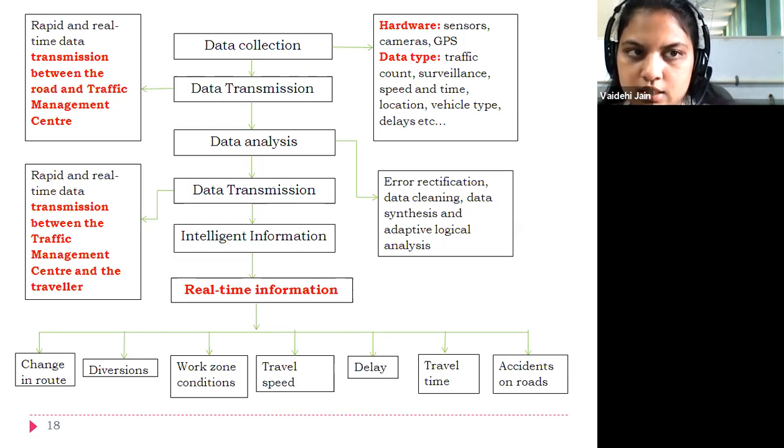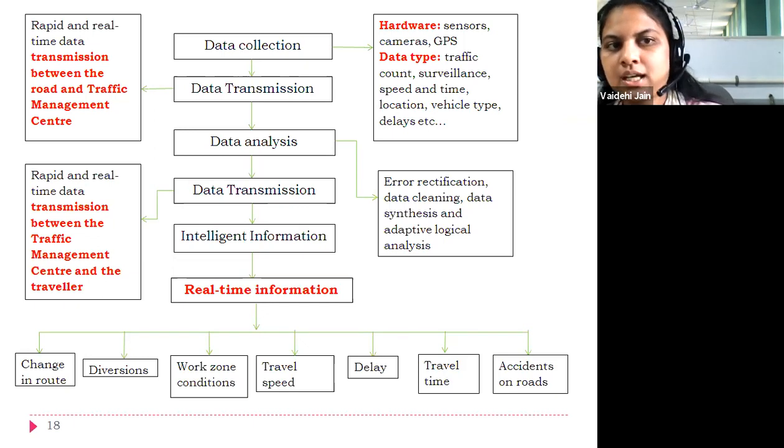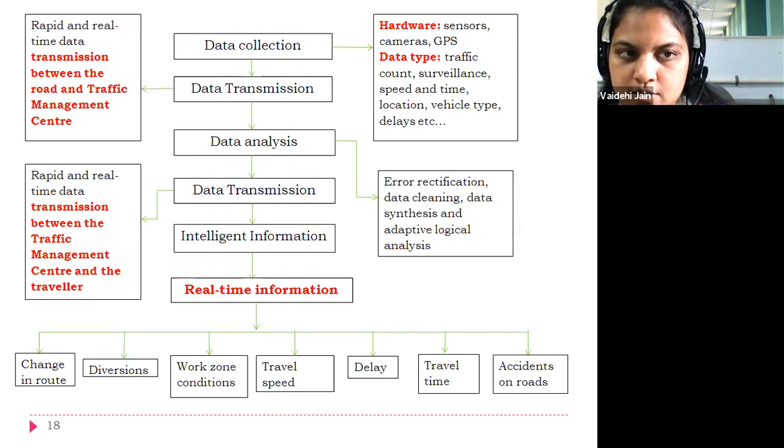Data transmission. The rapid, real-time data which you have will be transmitted from the road to the traffic management center, not to the traveler, because the data is in a very haphazard manner.